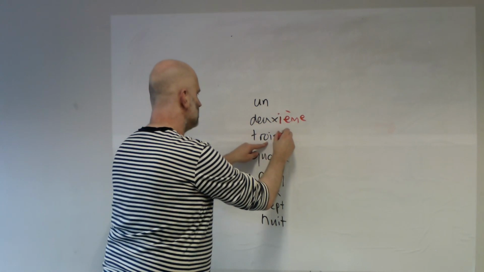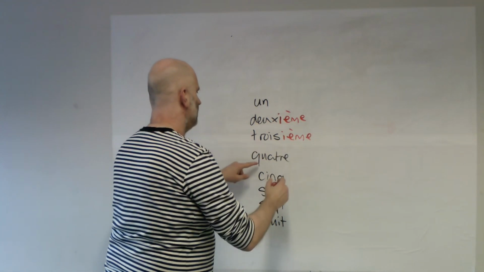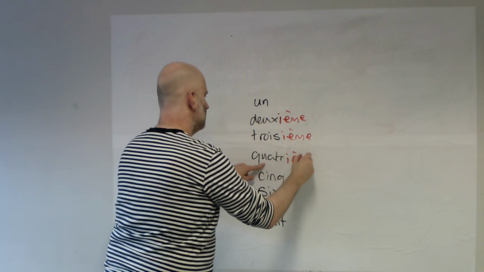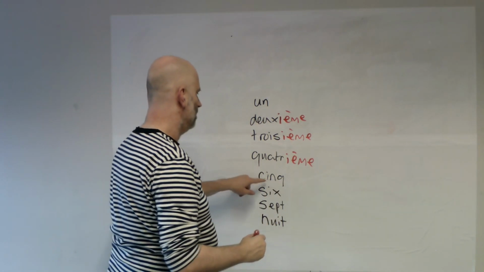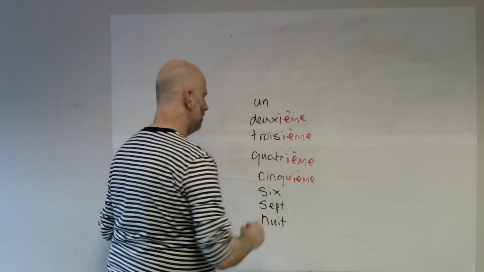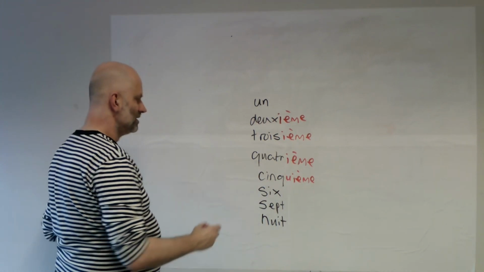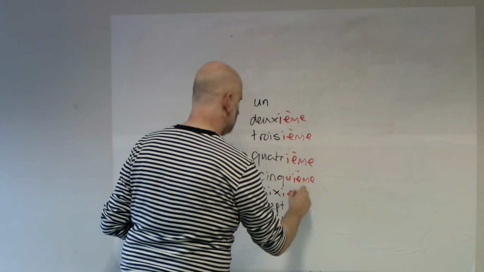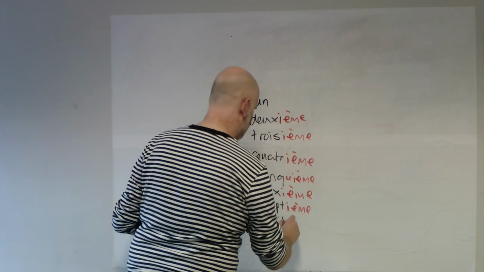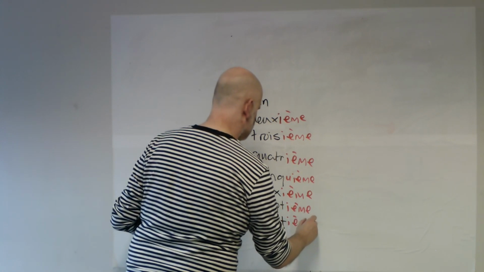Trois becomes troisième. Quatre, we lose the E, and just add the EM. Cinq is the EM again, but we also put in a U after the Q. Sixième, septième, huitième, and on like that.